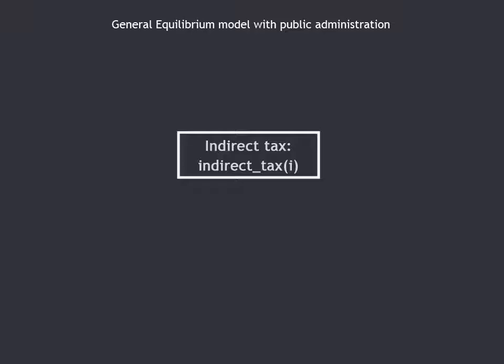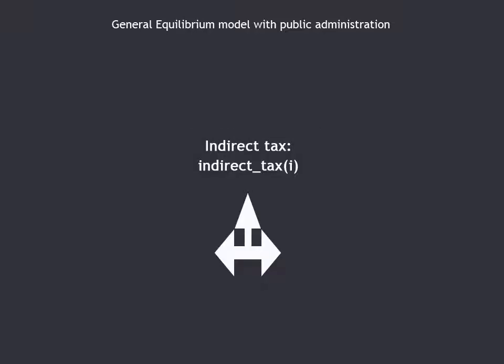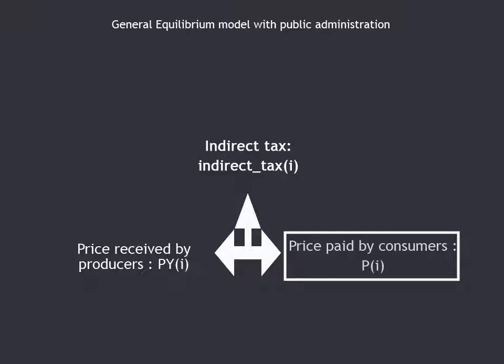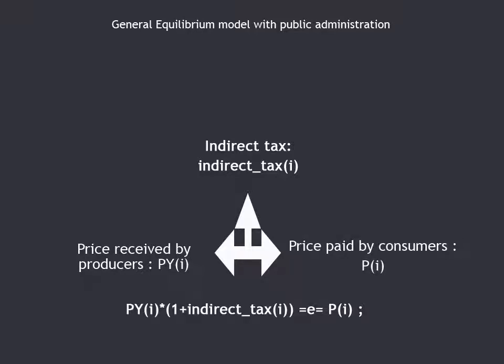So the rate of indirect taxation is called indirect_tax in sector I, and the implication is that there is a difference between the price received by producers, PY in sector I, and the price paid by consumers, P in sector I. And so the equation, by definition, is PY in sector I times (1 + indirect_tax in sector I) must be equal to P in sector I.